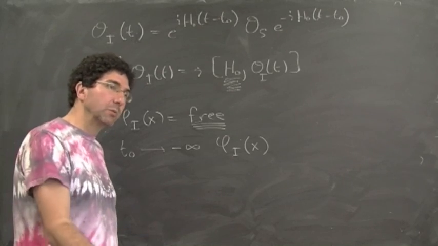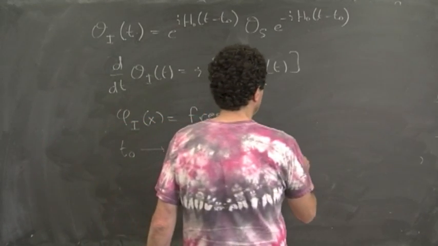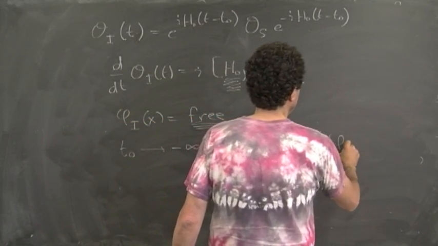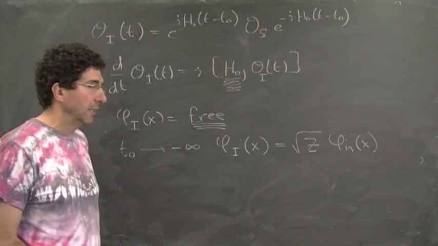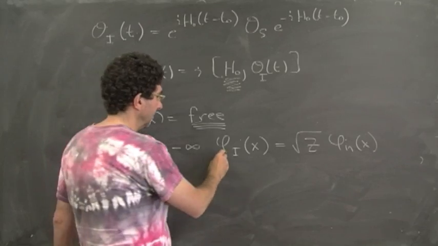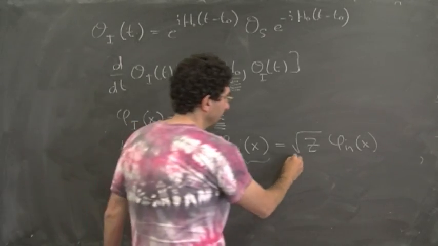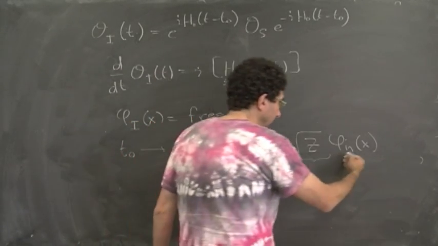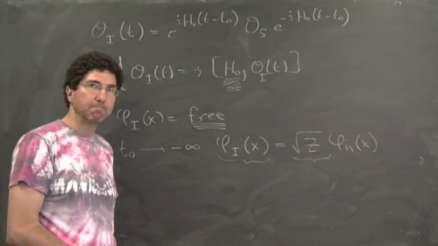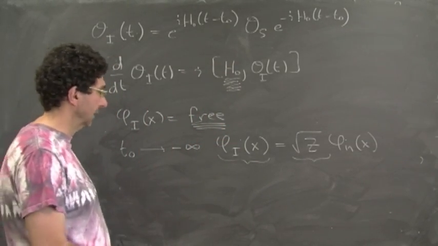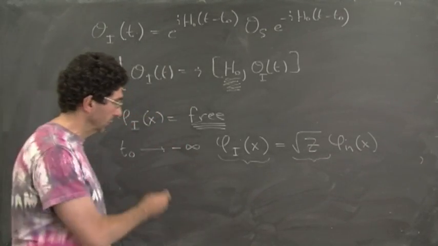But at t equals minus infinity, the Heisenberg fields were square root Z times these free in fields. So that means that the interaction picture fields are this root Z factor times free in fields once we make this choice. We could also have used the out fields, but that doesn't matter, but we'll use in fields.